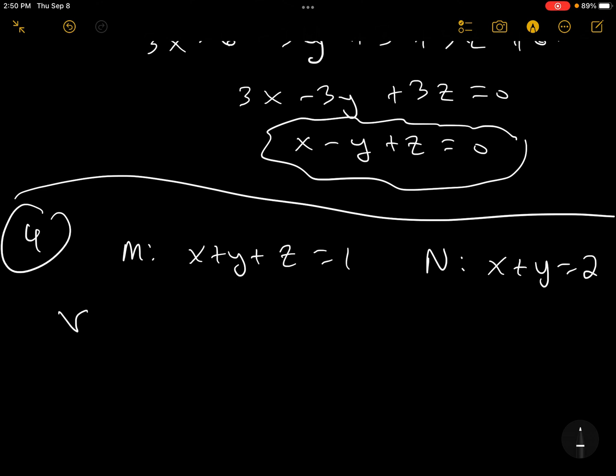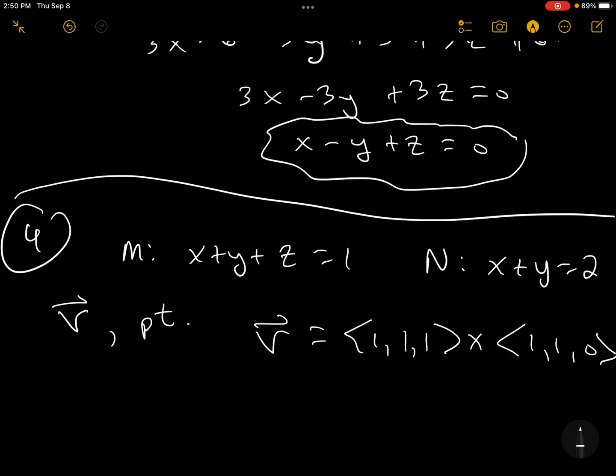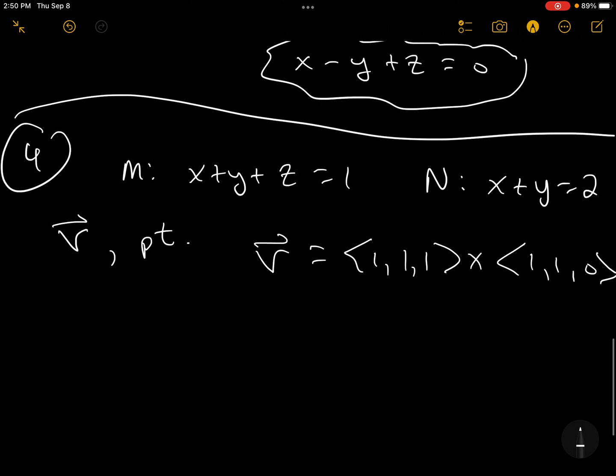So we need a vector that's parallel to the line, and a point. Okay, and what's the vector? It's the cross of the two normals, so it's 1, 1, 1, crossed with 1, 1, 0. Whatever that is.